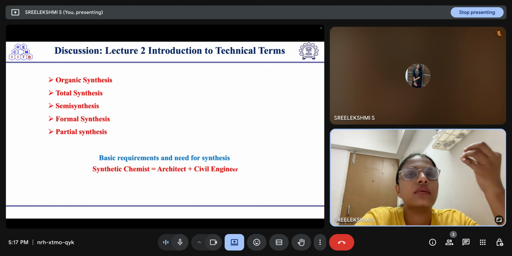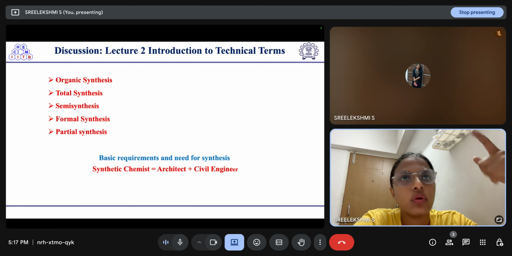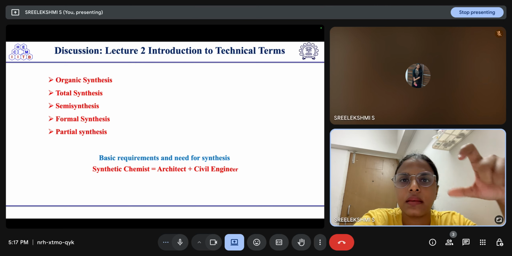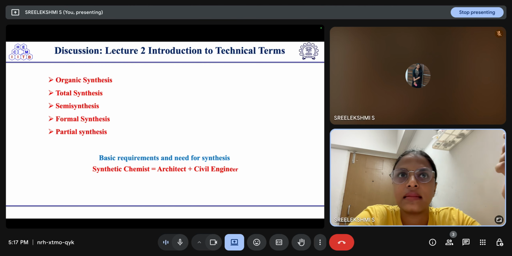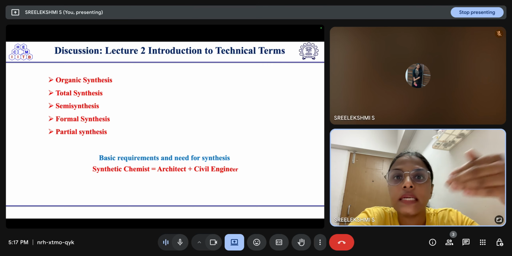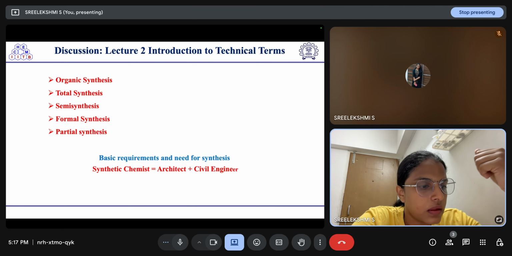For example, for an oxidation reaction, there are several reagents available that could be used. So out of those reagents, which will be suitable for our particular starting material or reactant? There we have to have a little creativity. Maybe some amount of alteration in our scheme can reduce the number of steps towards the total synthesis. So that's why we need some amount of creativity in doing total synthesis.